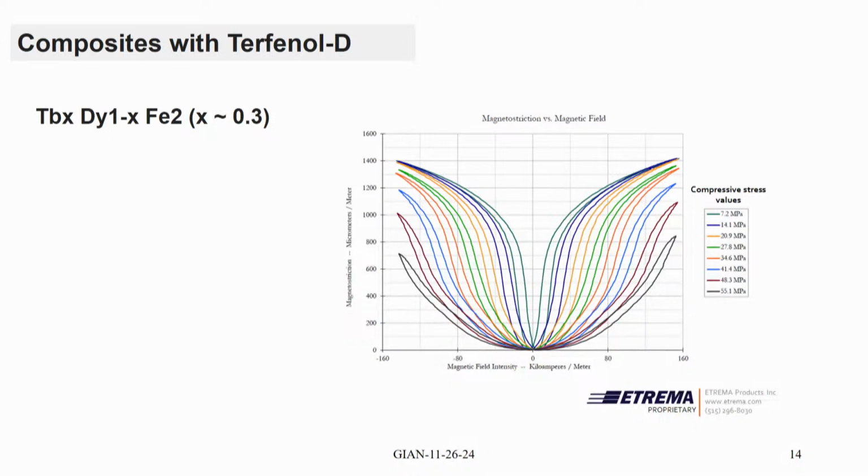You have seen this yesterday. These are the magnetostriction versus magnetic field for terphenol D prepared under a variety of conditions when they are exposed to different values of external stress. But what is important here is terphenol has very high magnetostriction, as high as 1400 parts per million.